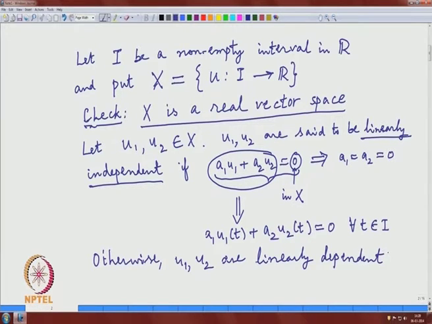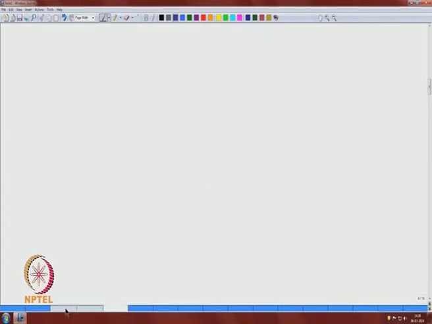Okay. So, now we are going to get some sufficient conditions on u1 and u2 for them to be linearly independent. So, that is the next thing.